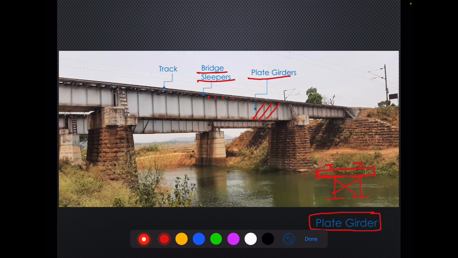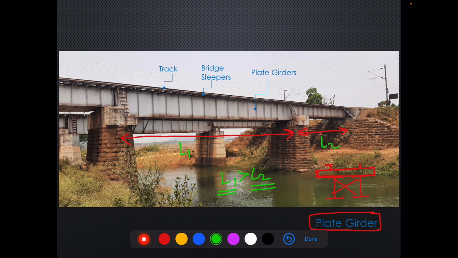Now you can see that here there are two spans. This is one span pier to pier, and this is another smaller span. So if we call this L1 and we call this L2, L1 is greater than L2, so span L1 is more in length in comparison to L2.